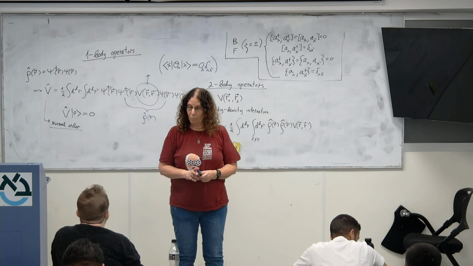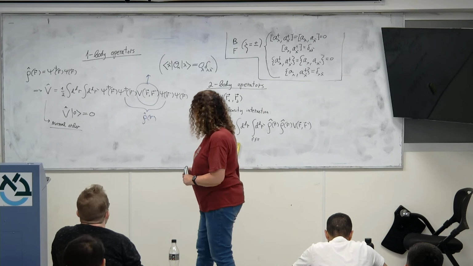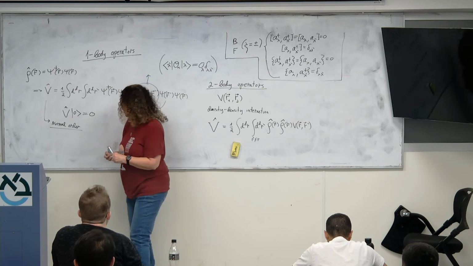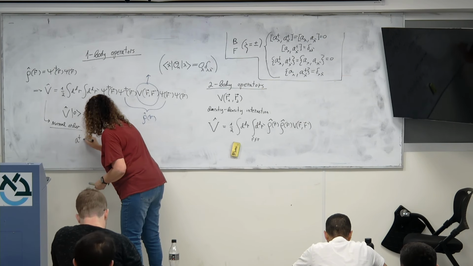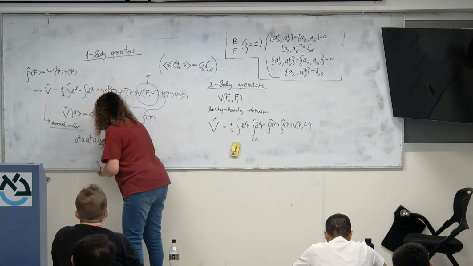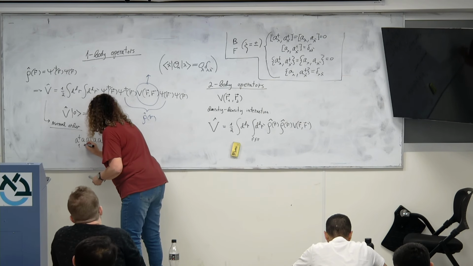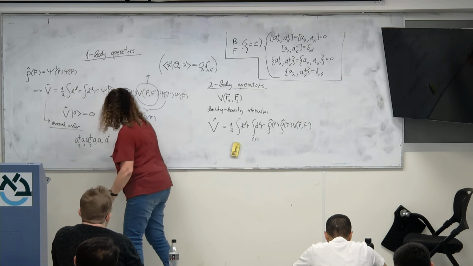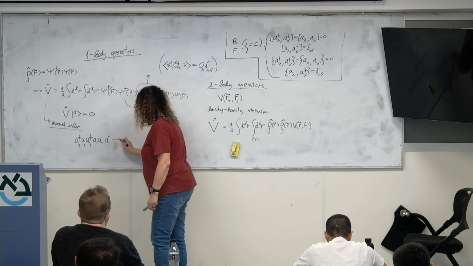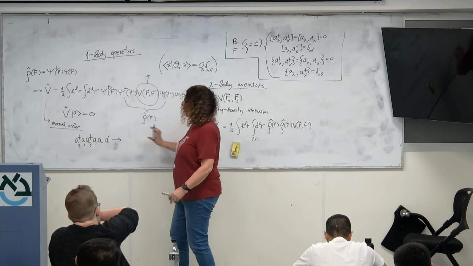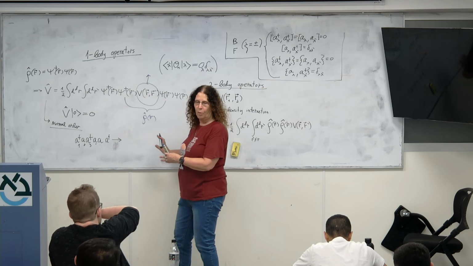So if you have a general set of A daggers and A's with different indices, 1, 2, 3, doesn't matter, this can be transformed into a normal order plus a correction that depends on the commutators.